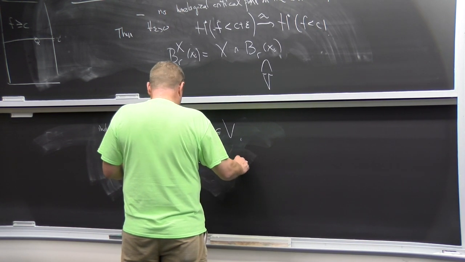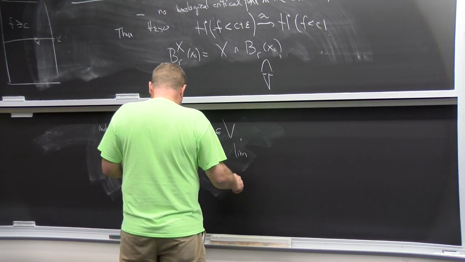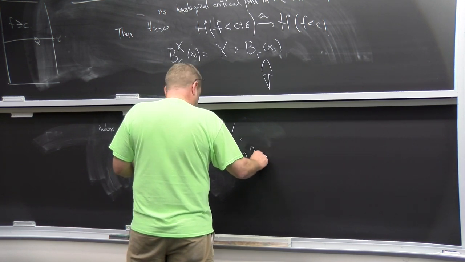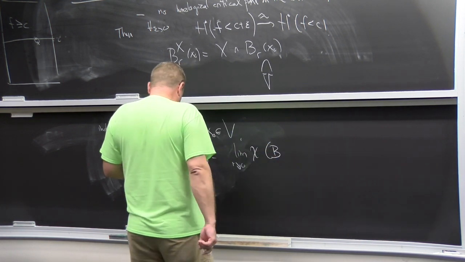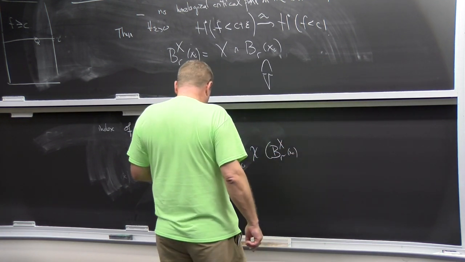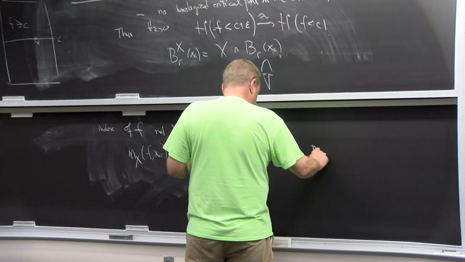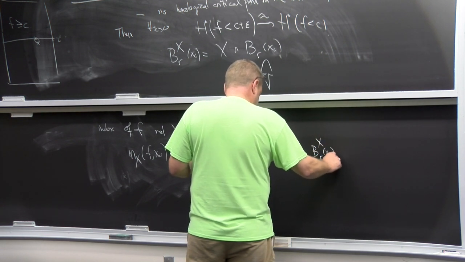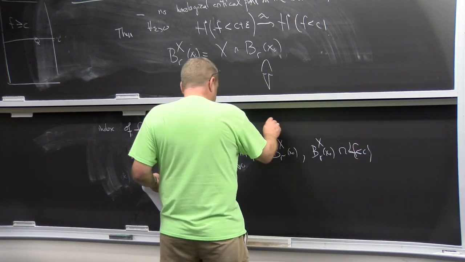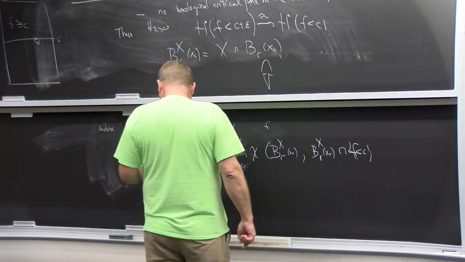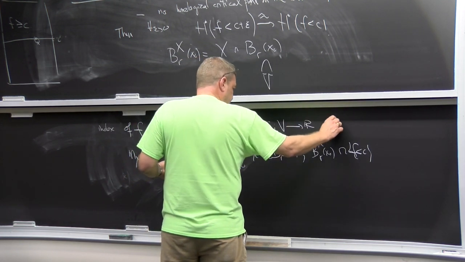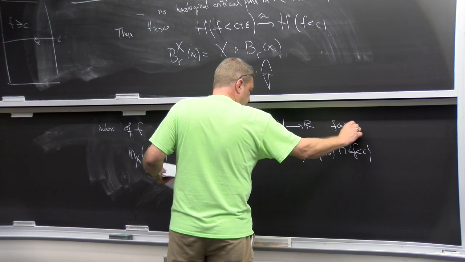So its limit as r goes to 0 of chi of the ball B_r(x0) intersect f less or equal than c. I should have said f here is a tame map from X to R, and f of x0 equals c.